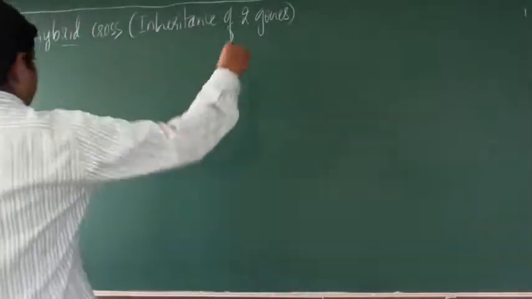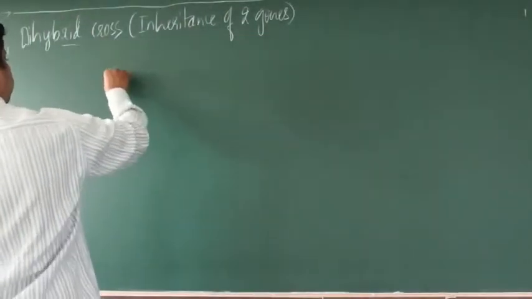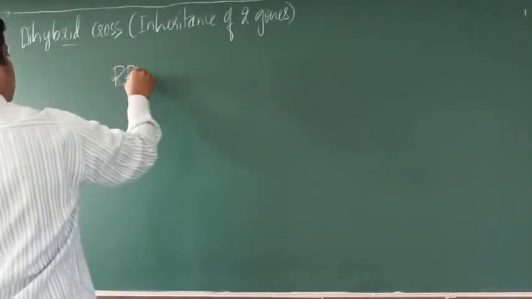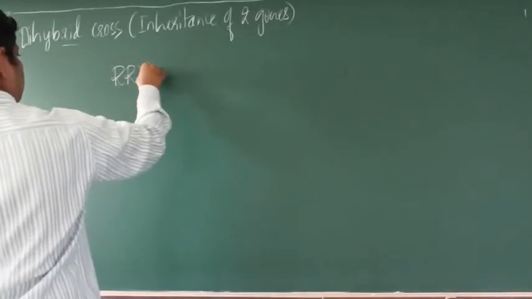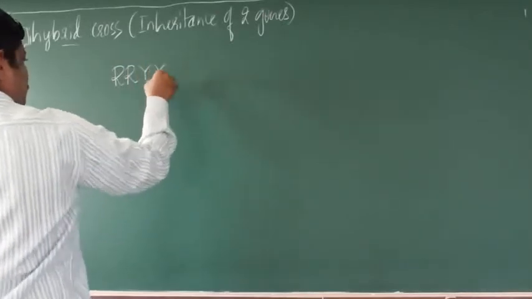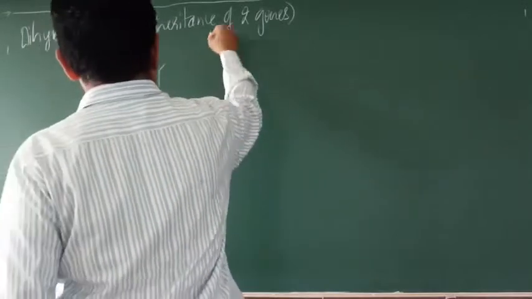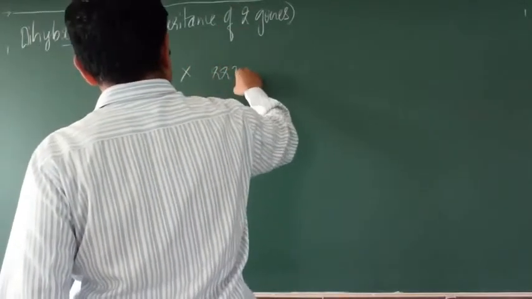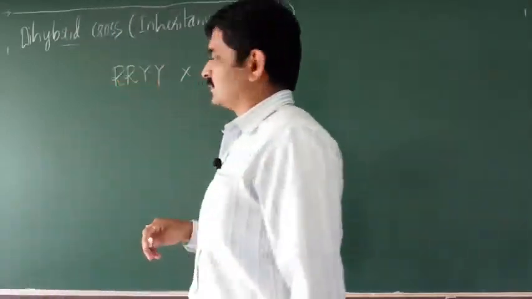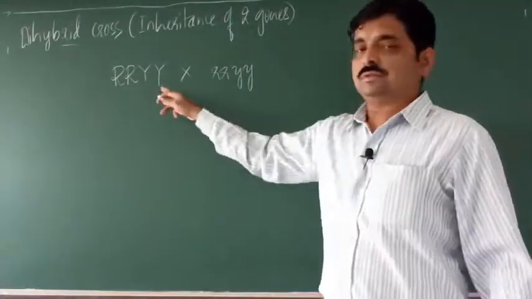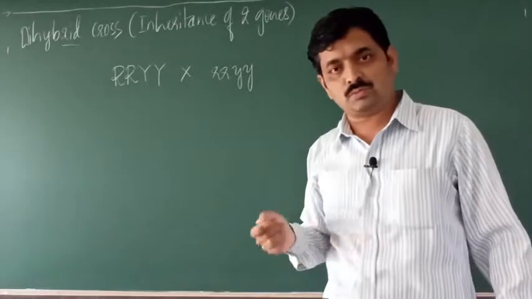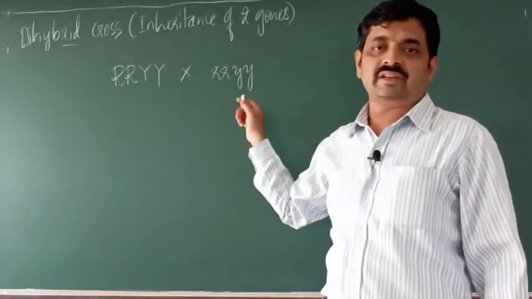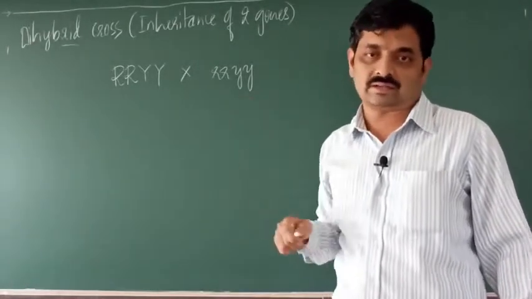So I will write the genotypes here. These are the two pea plants which are homozygous, differing in two pairs of contrasting characters.